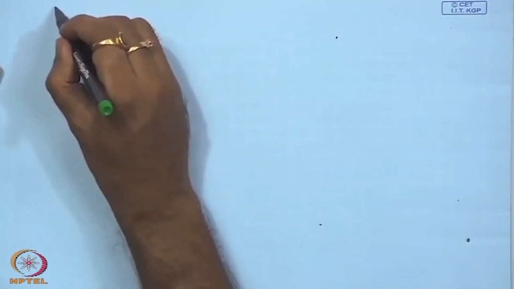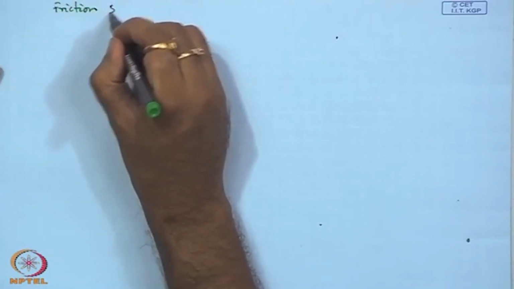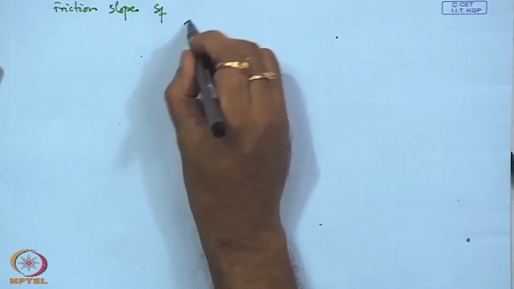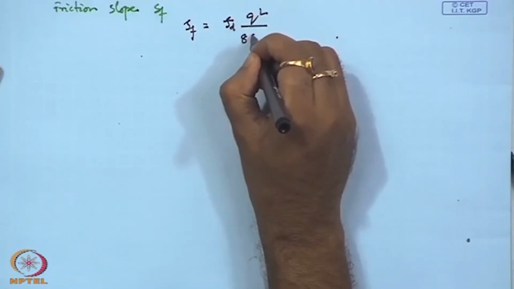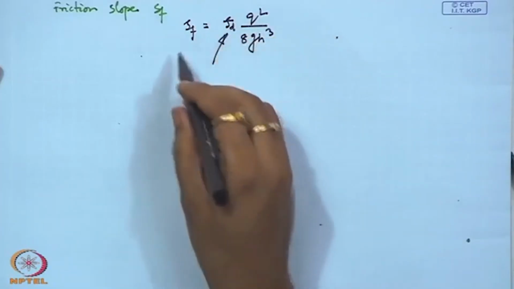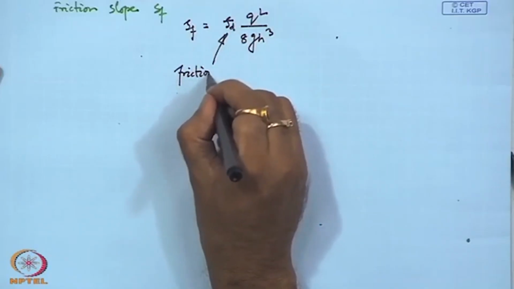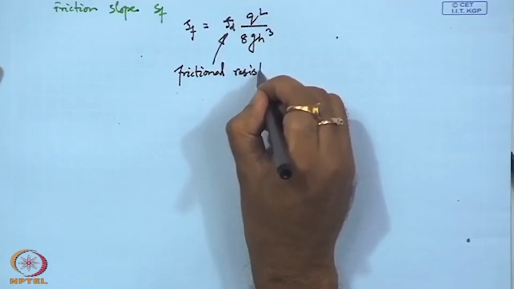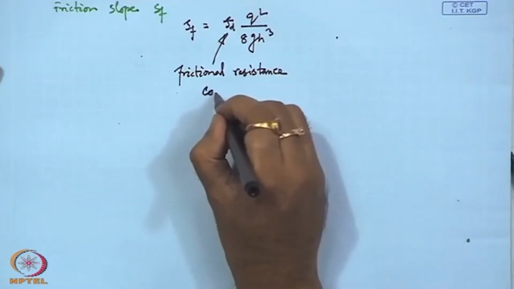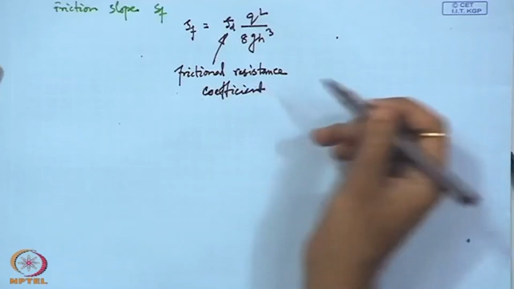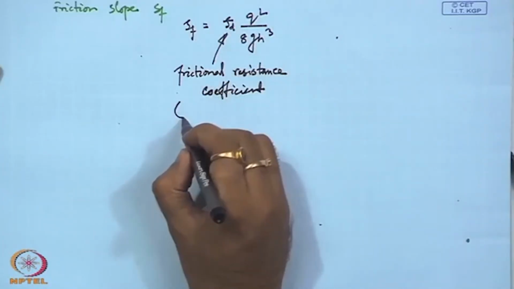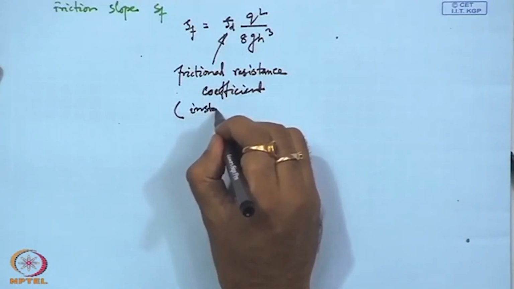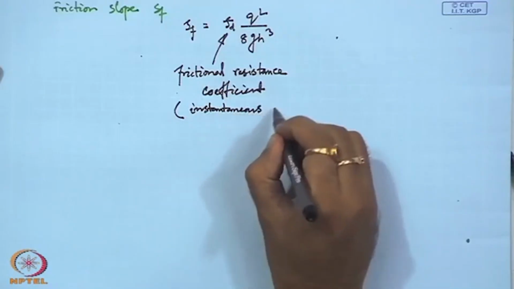So, friction slope SF can be calculated using the formula SF equals to FD Q square by 8 GH cube, where FD is the frictional resistance coefficient, and this depends on the instantaneous state of flow.